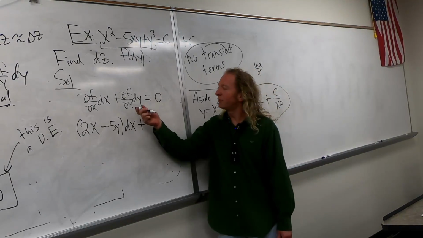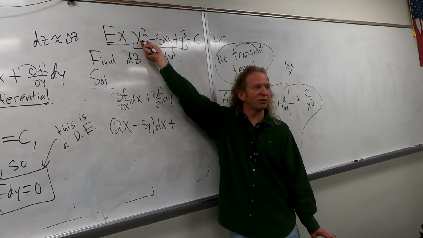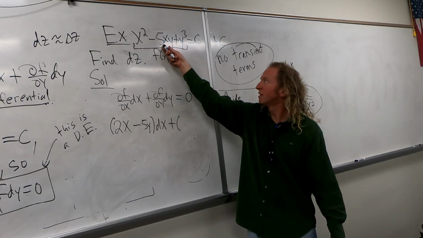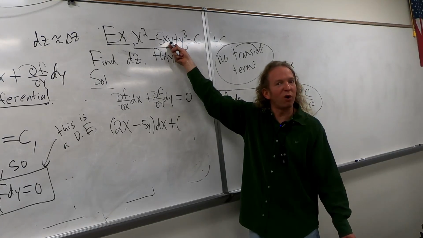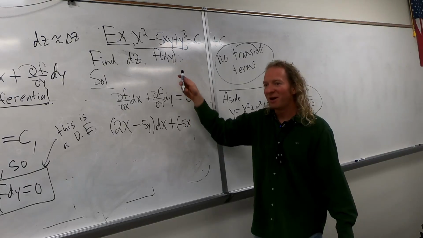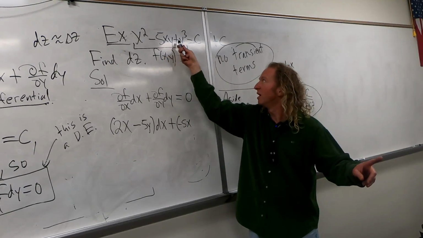And now we got to do del f del y. So the first term will be 0. So parentheses, this will be minus 5x, because the derivative of y is 1, so it's minus 5x. This is a constant.